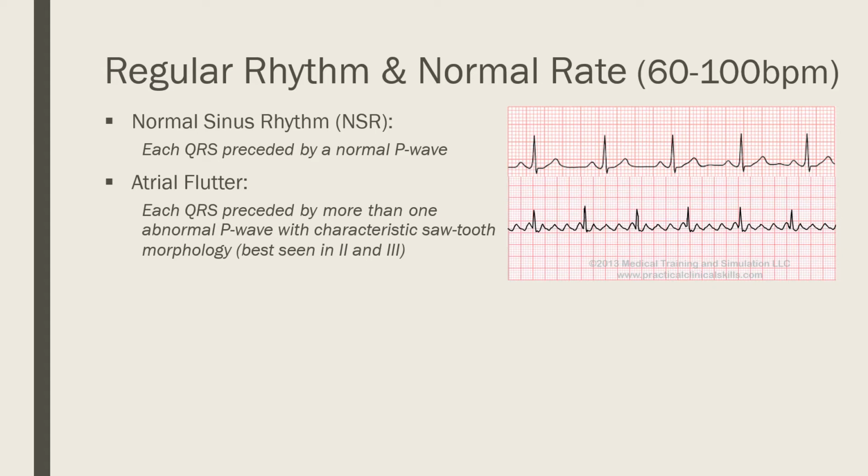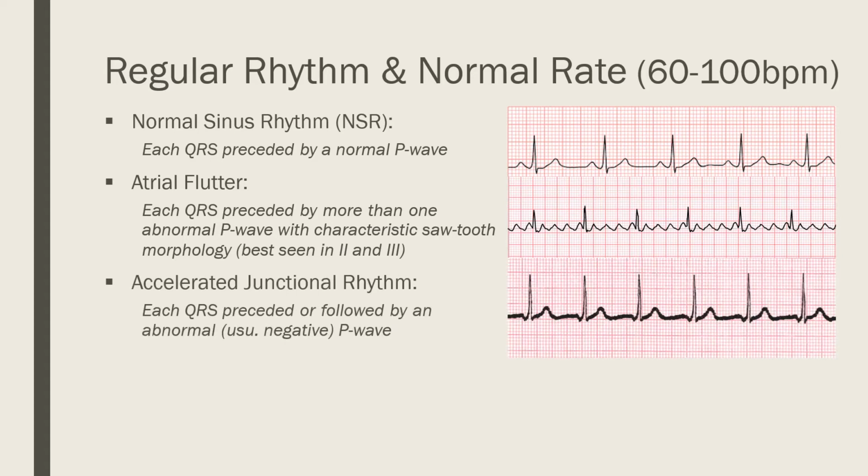In this ECG, each QRS is preceded by more than one abnormal P wave with characteristic sawtooth morphology, which is best seen in leads 2 and 3, as shown in this strip. Third, accelerated junctional rhythm, in which each QRS is preceded by or followed by an abnormal, usually negative P wave, as shown in this strip. There is an abnormal P wave which precedes the QRS.